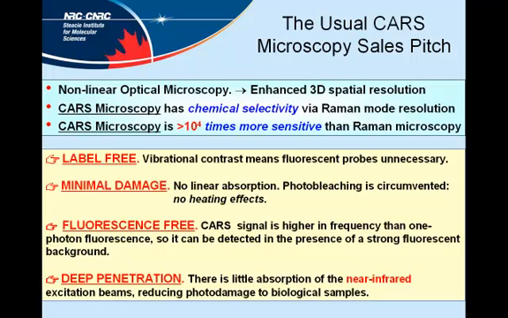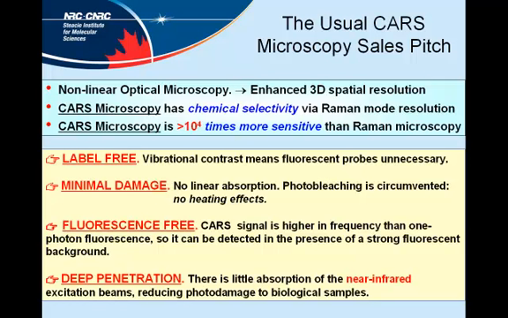This is just meant to summarize what people argue are the advantages of doing CARS microscopy, and the argument is that it's a label-free nonlinear optical microscopy that has chemical sensitivity, which obtains from the fact that you use a Raman resonance, and Raman spectroscopy is sensitive to molecular vibrations, which fingerprint the molecule. That's the argument that people make for this application. And there's some reason to do so.